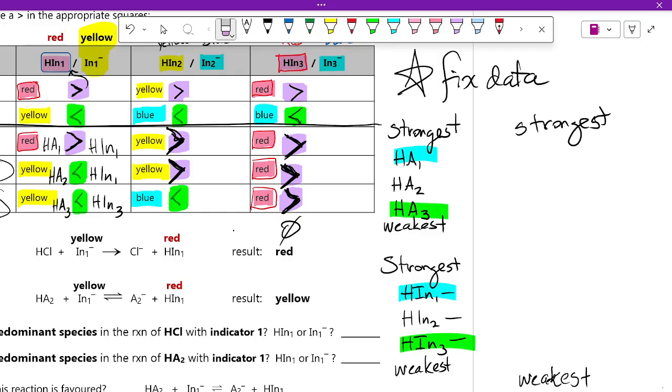Who is stronger, HA1 or HIN1? HA1. So HA1 is going to be at the tippy top. HA1 is stronger than HIN1. And I've left a little room in between in case I need to write something in between.